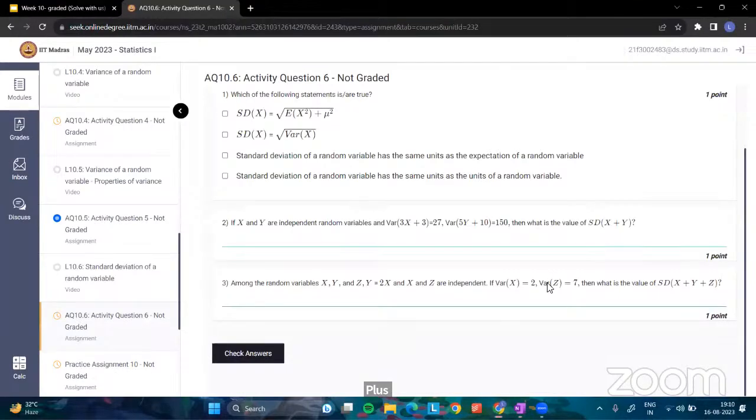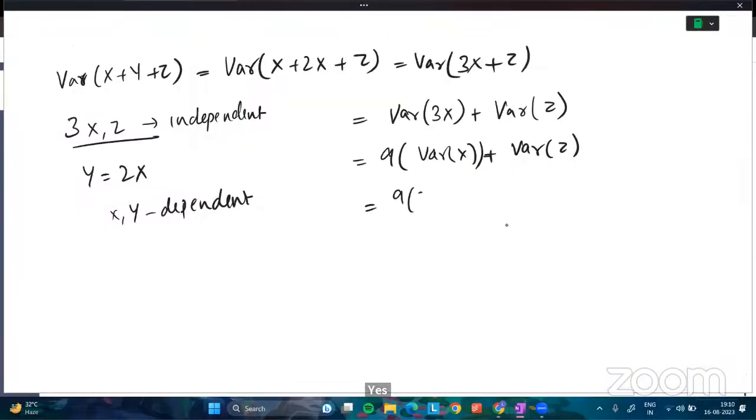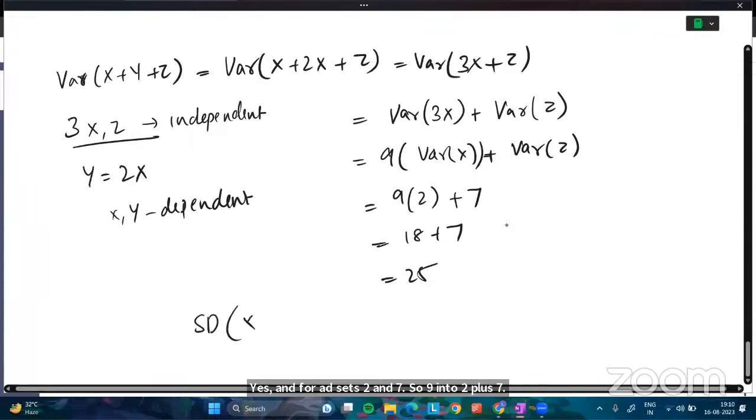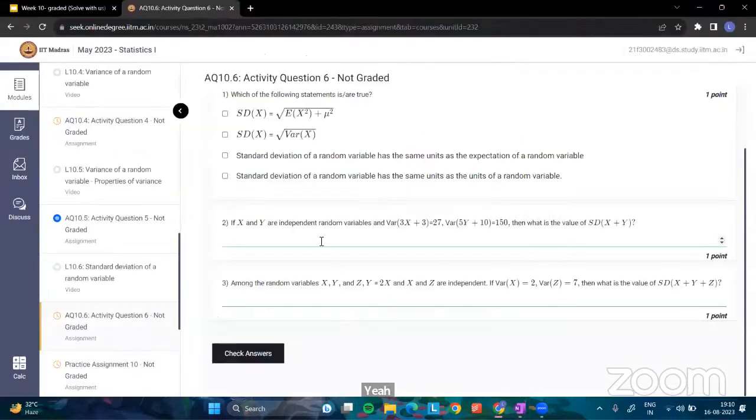And for x, it's 2 and 7 for z. So 9 into 2 plus 7. And now you have to find the standard deviation. So that will just be the square root of this, which is 5. And 10.3, question number 4.